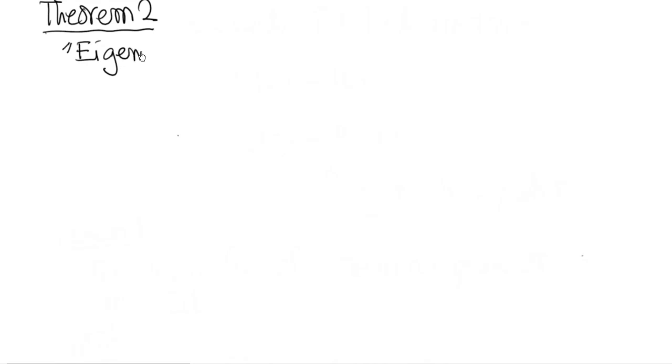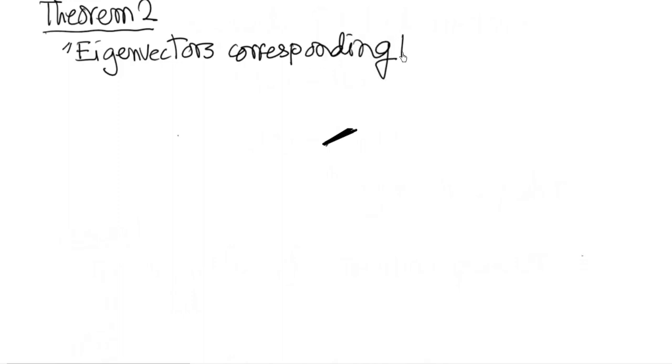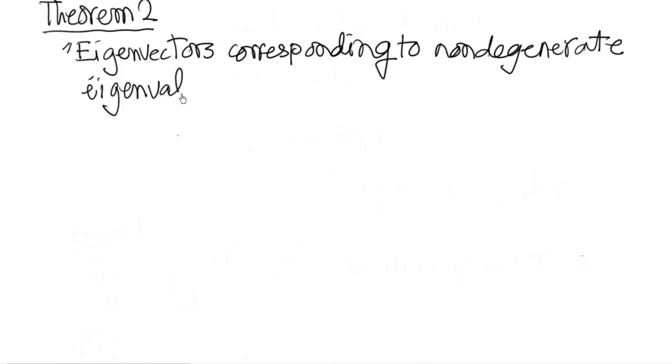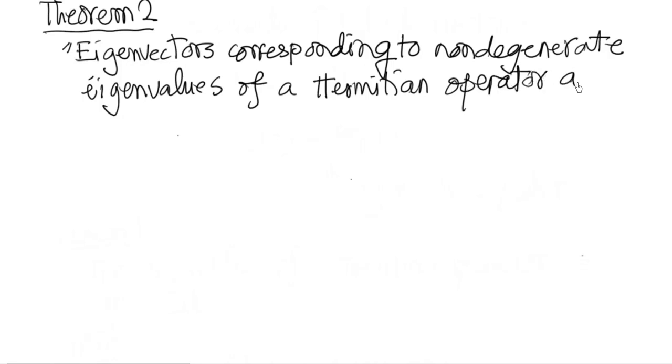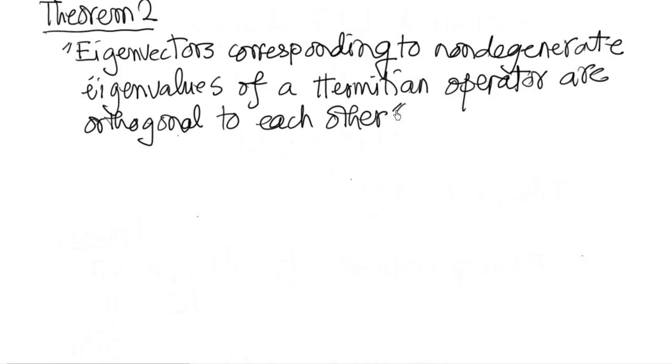Eigenvectors corresponding to non-degenerate eigenvalues of a Hermitian operator are orthogonal to each other. Okay, we shall prove this.